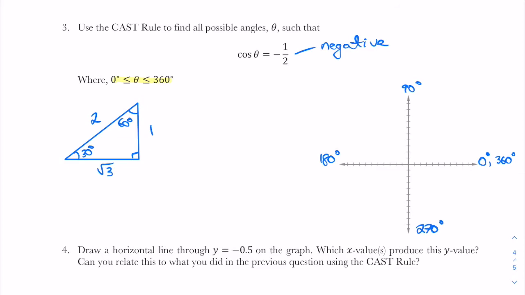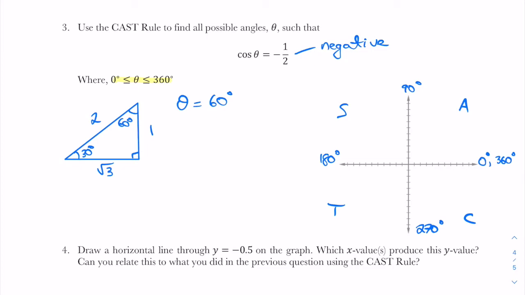So the angle in this case that produces the desired result is 60 degrees. That's because when you take the cosine of 60, you get a half. But the ratio is negative. Which quadrants is cosine negative in? According to the cast rule, it's quadrants 2 and 3.